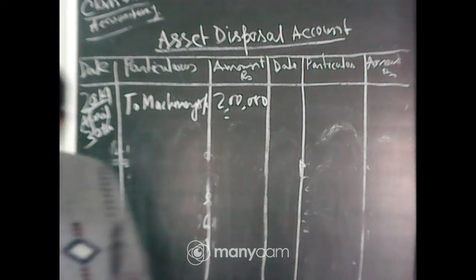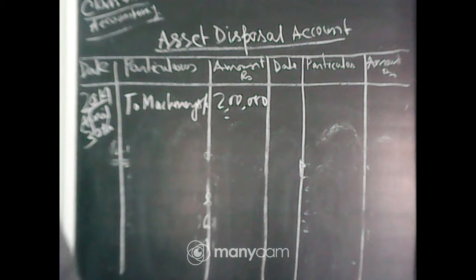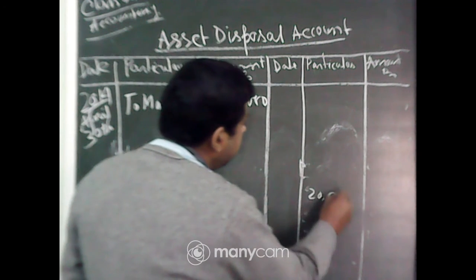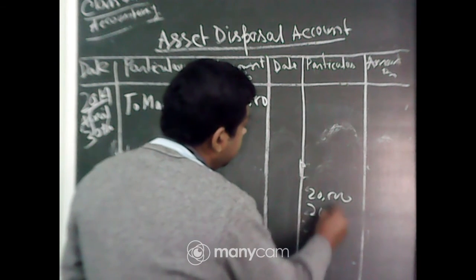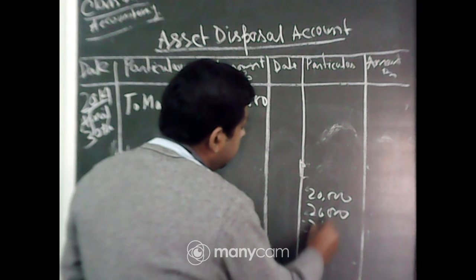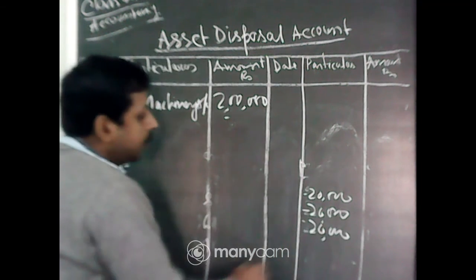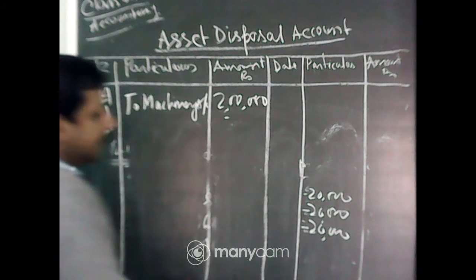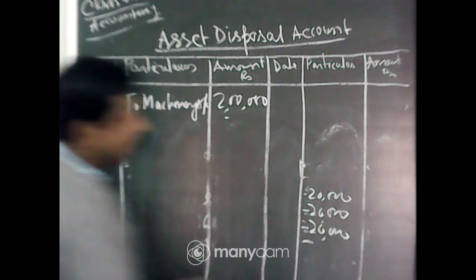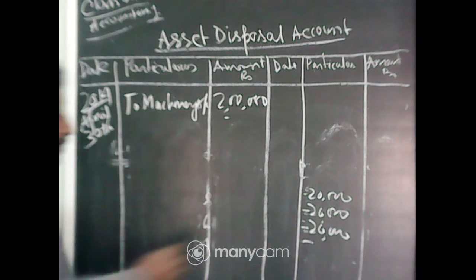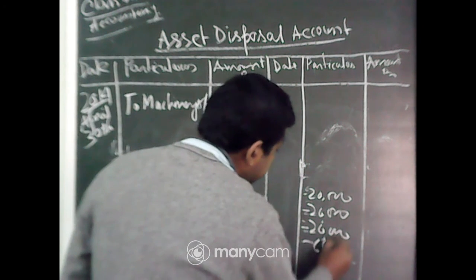In the working, in 3 years we find depreciation of 20,000 for 2011, 20,000 for 2012, 20,000 for 2013, and then 2014. As we used the machinery for 4 months, we get 6,667.